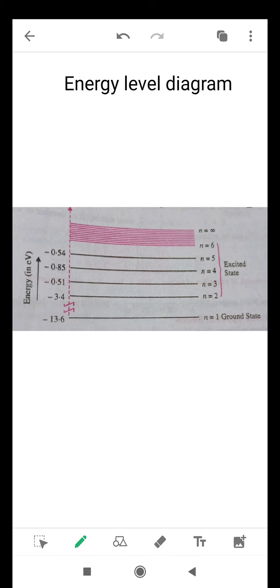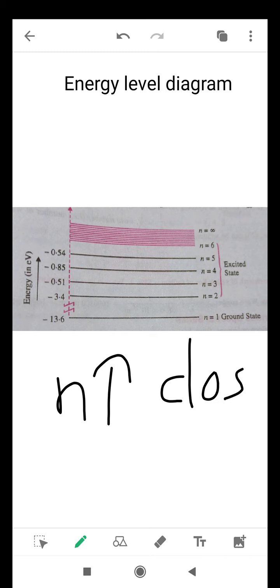From this energy level diagram, it is clear that when the principal quantum number n increases, the energy levels or the energy states become closer and closer, because the energy difference between the successive energy levels goes on decreasing with the increase in the value of the principal quantum number.